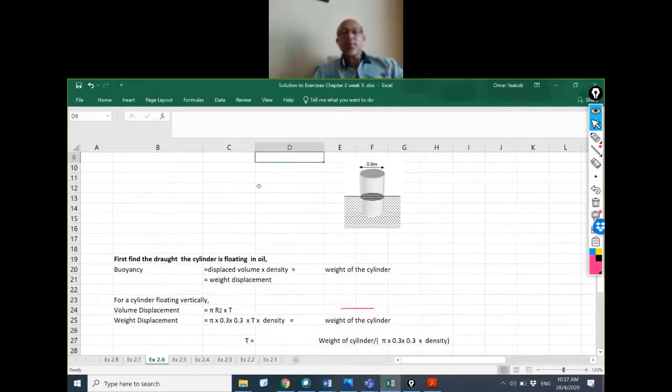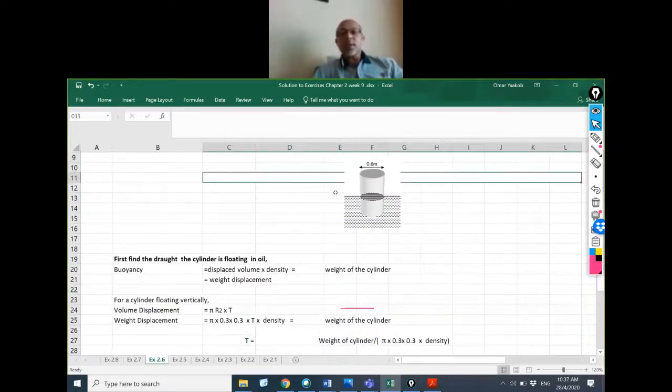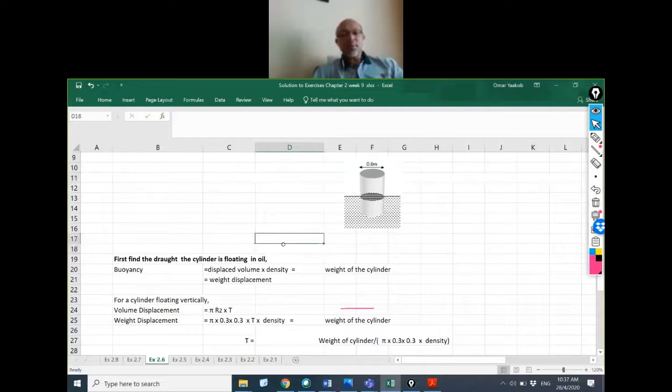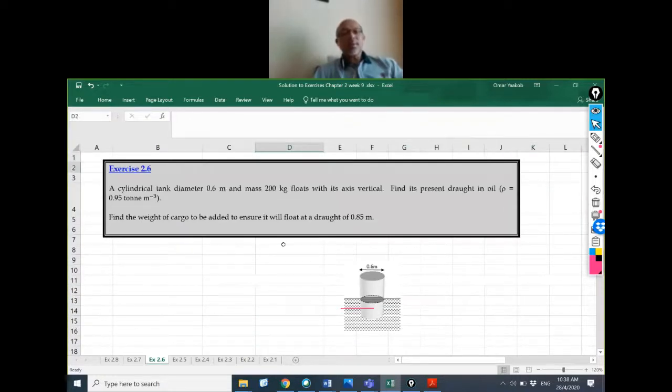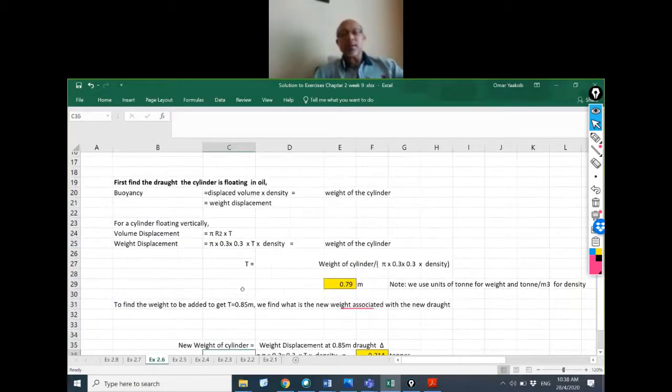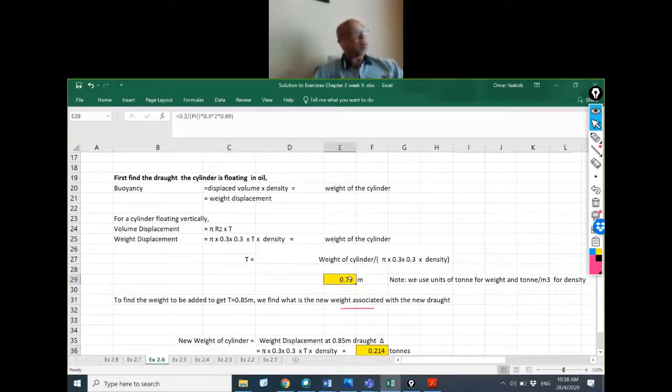One draft initially, the one that we calculate. Here we know the weight of 200 kilogram. So find the initial draft. That's exactly the same as the previous calculation. So we calculate the draft to be 0.79.